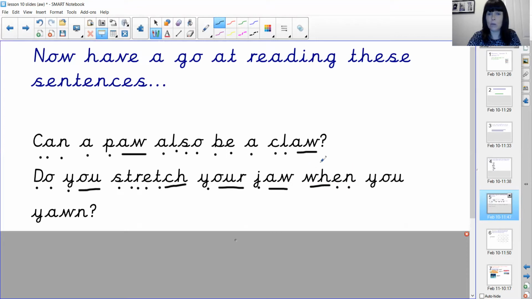We're going to look at this w sound in our next lesson. You, or yawn. Do you stretch your jaw when you yawn? Yeah, you do, don't you? Stretch everything. It's good to have a good stretch when you yawn.